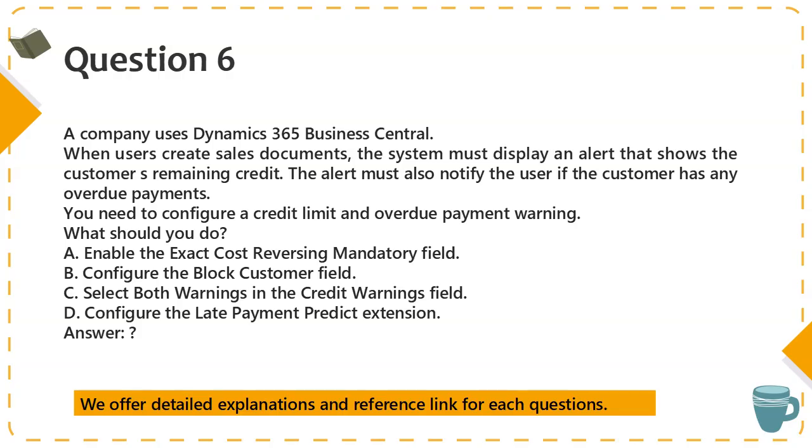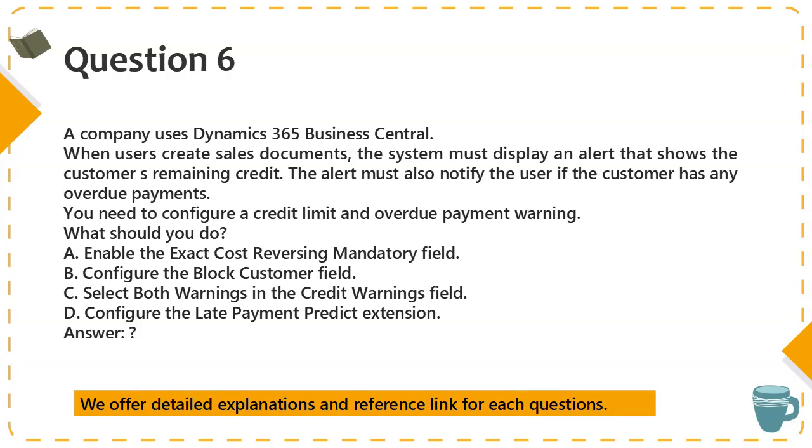6. A company uses Dynamics 365 Business Central. When users create sales documents, the system must display an alert that shows the customer's remaining credit. The alert must also notify the user if the customer has any overdue payments. You need to configure a credit limit and overdue payment warning.